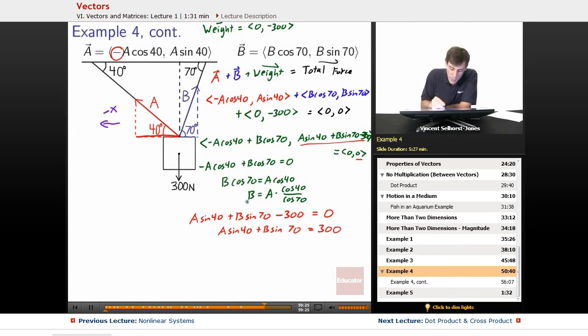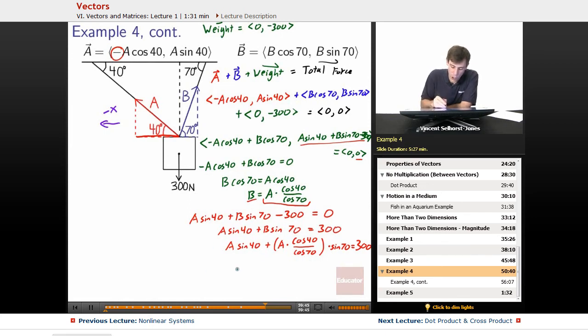Now, we see that B is the same thing as A times cosine 40 divided by cosine 70. So we've got A sine 40 plus, swapping out our B, A times cosine 40 over cosine 70 times sine 70, still equals 300.